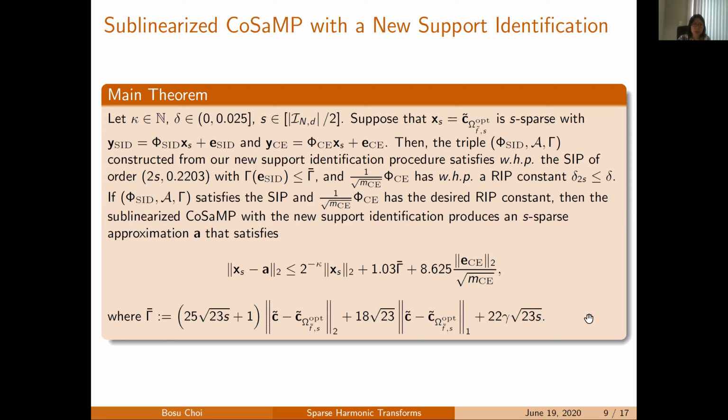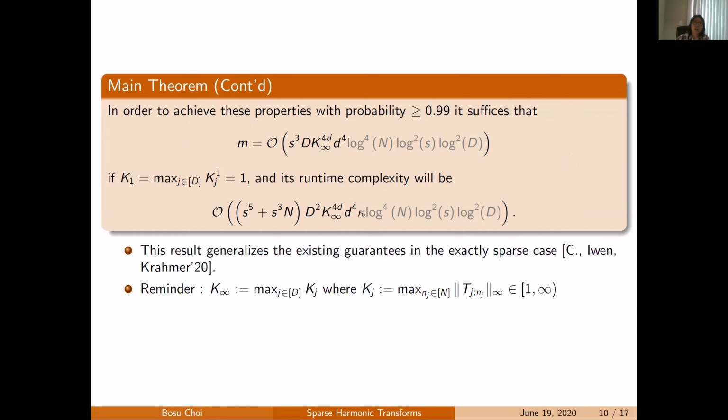And to make these properties satisfied with high probability, we need this many samples, S cubed times D times K infinity to the 4D times small d to the 4th, multiplied by some extra log terms when K1 is 1. And the runtime complexity is S to the 5th plus S to the 3rd times N times D squared times K infinity to the 4D times d to the 4th times kappa times extra log terms.